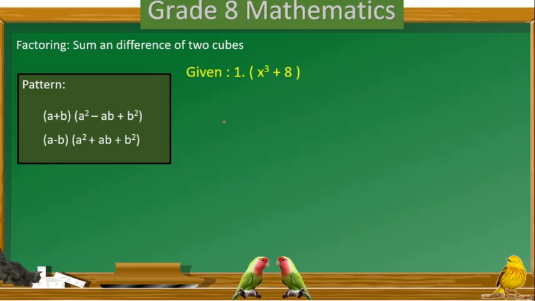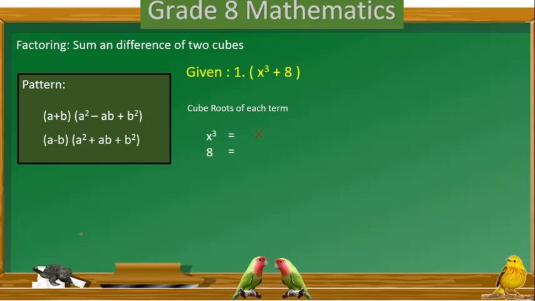Okay. So let's find the cube root of its terms. What is a cube root? It is when you multiply a number by itself three times, the product is equal to a certain number, like this. So what variable do you multiply to result in x cubed? That is x.